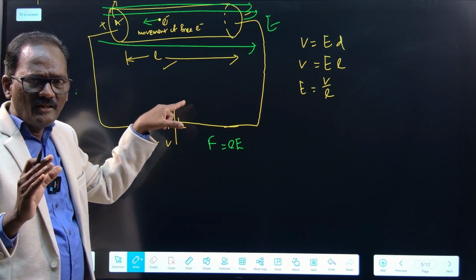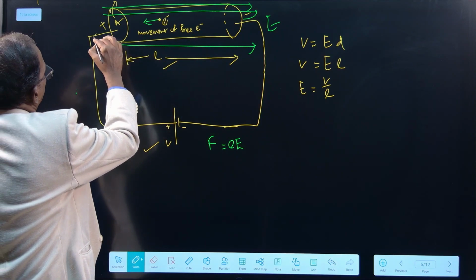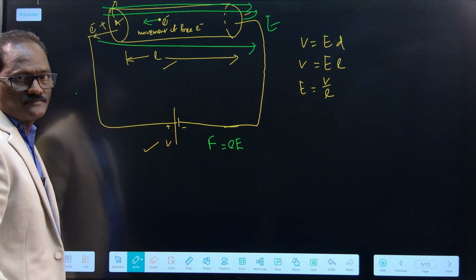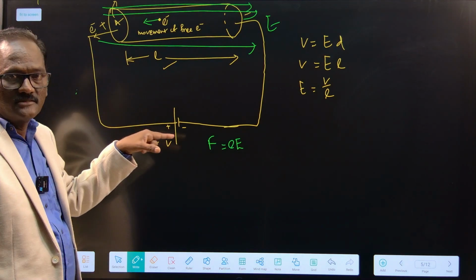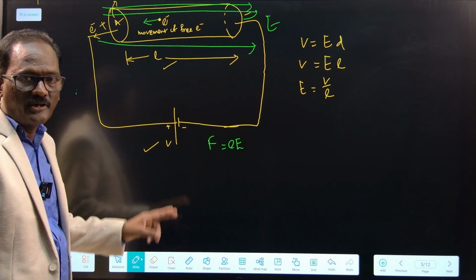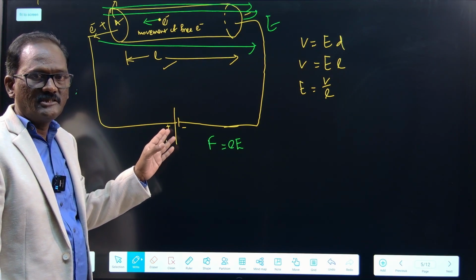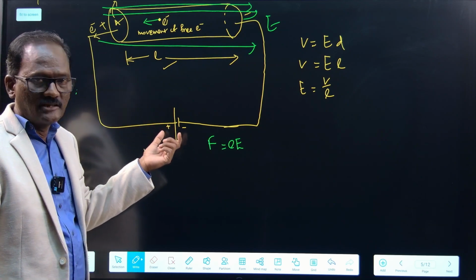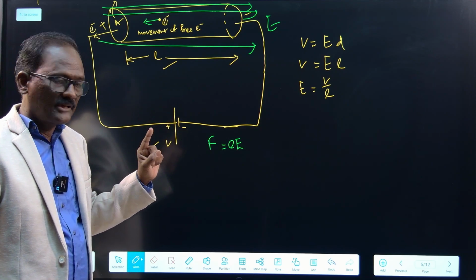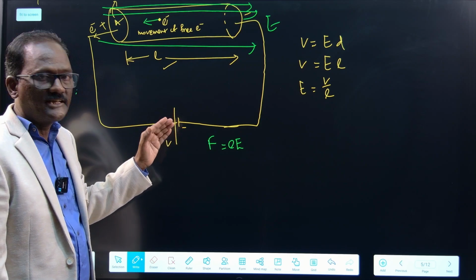Here, there is a circuit which is a closed one. The electrons will flow through the leads, the connecting wires. It will come here, the positive terminal of the battery, right? The positive terminal of the battery will attract all the electrons, but at the same time, the negative terminal of the battery won't retain the electrons.